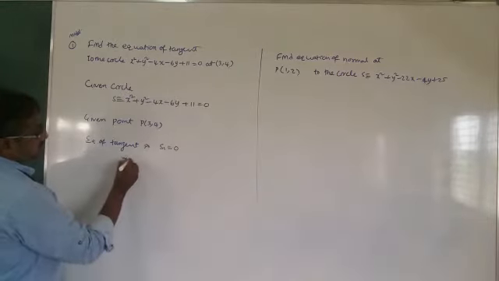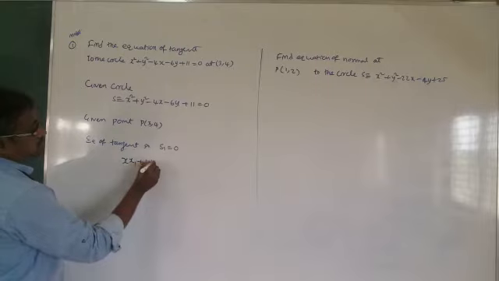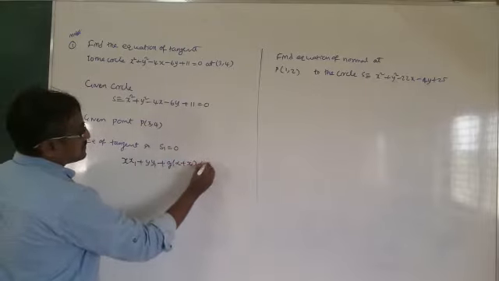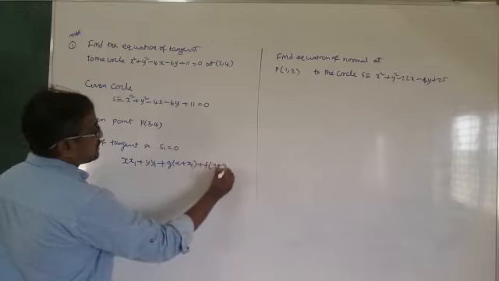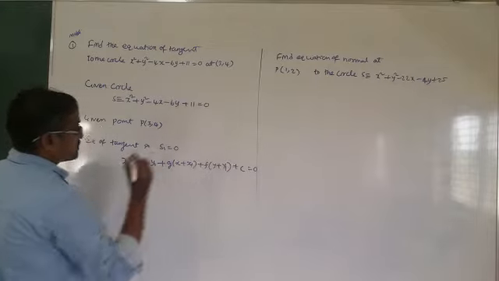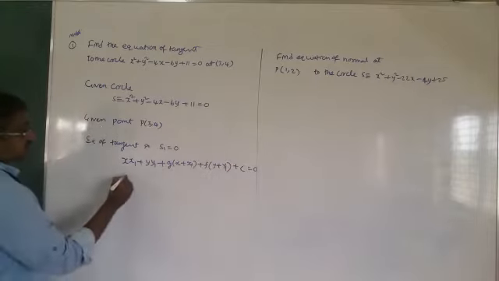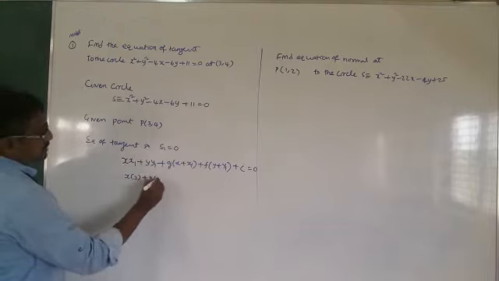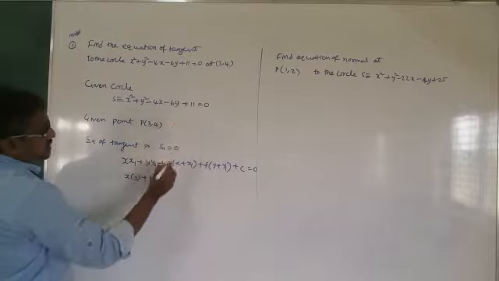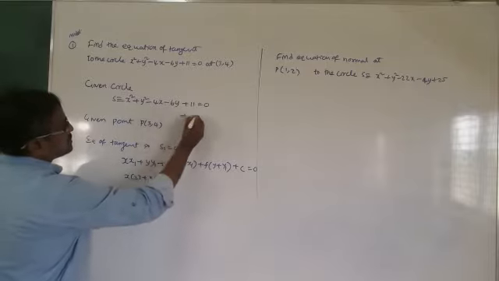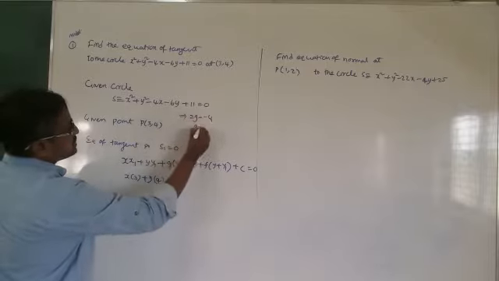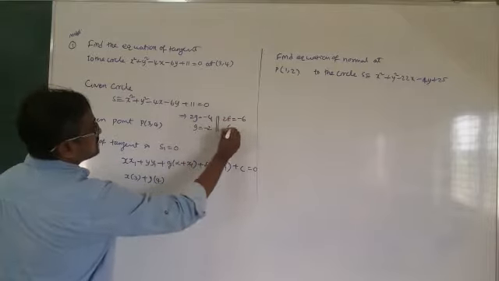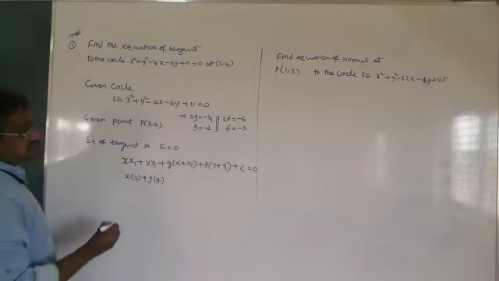So that is xx1 plus yy1 plus g of x plus x1 plus f of y plus y1 plus c is equal to 0. So x into what is x1 here, 3, plus y into 4, g and f here: 2g is equal to minus 4, g is equal to minus 2, 2f is equal to minus 6, f is equal to minus 3.